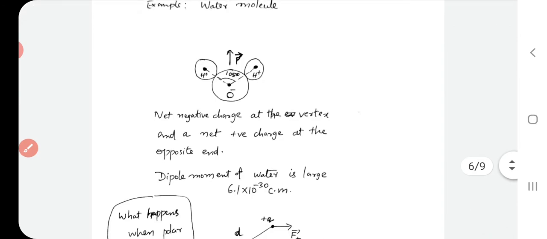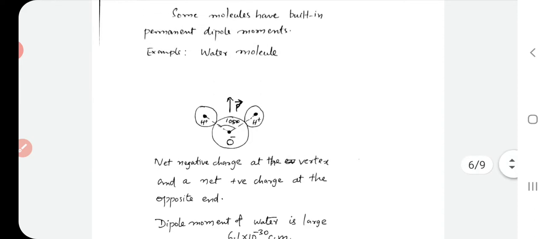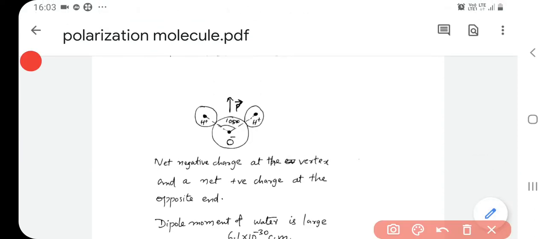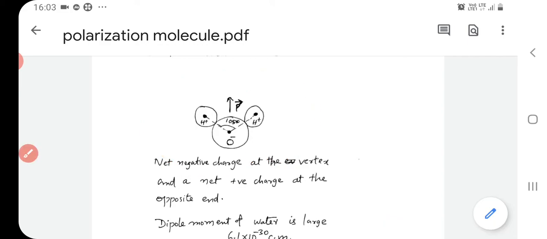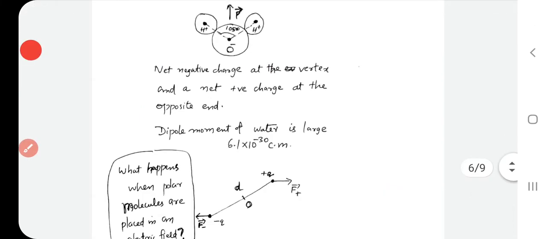So even without applying the electric field, even when the field is absent, the water molecule in this case has a permanent dipole moment. Because a negative charge here and a positive charge here constitute a dipole moment. The dipole moment of water is large.